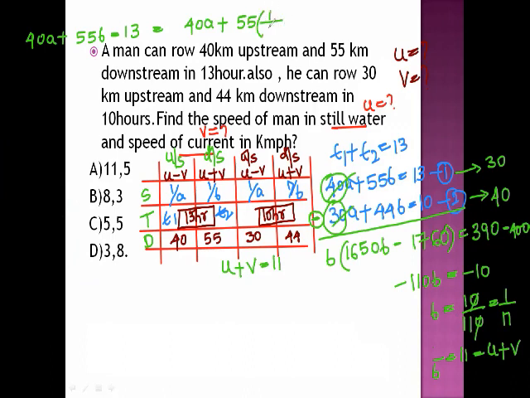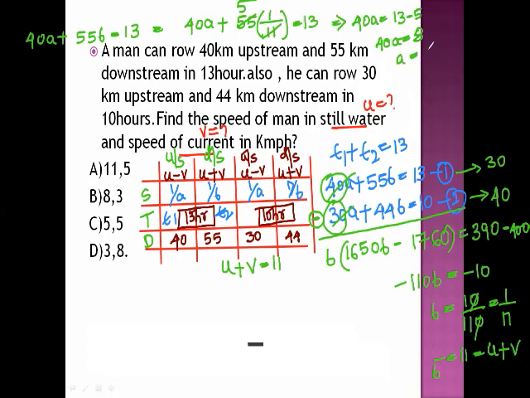So 1 divided by 11, is equal to 13. 11 5s are 55. So therefore I can write that 40a is equal to 13 minus 5. 13 minus 5 is nothing but 8. So 40a will become 8.